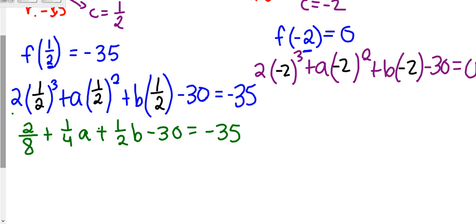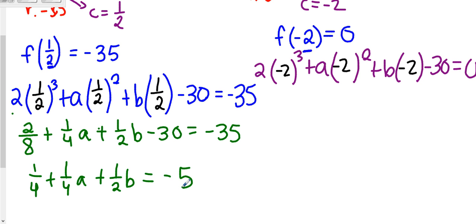And then we'll simplify this. We have 1/4 plus 1/4 a plus 1/2 b equals, we will add the 30, so we have negative 5 over here.